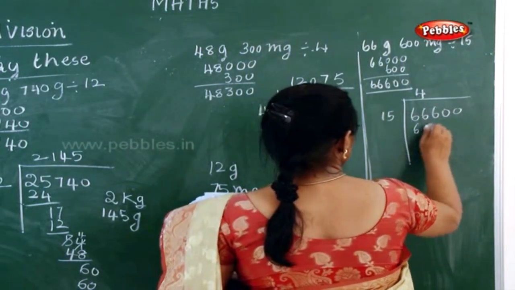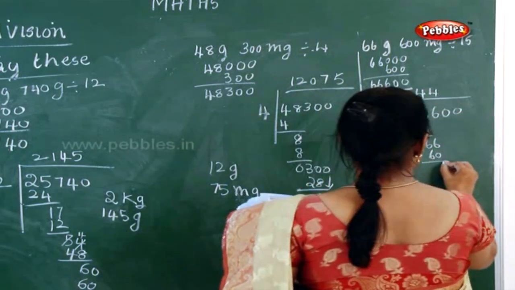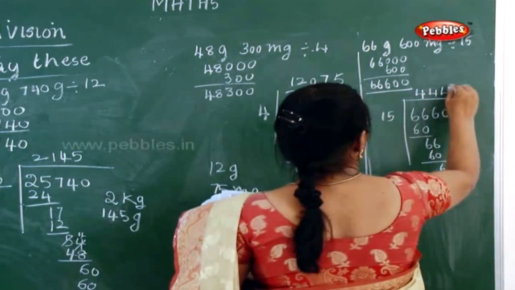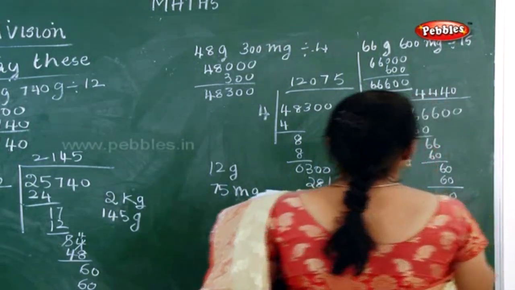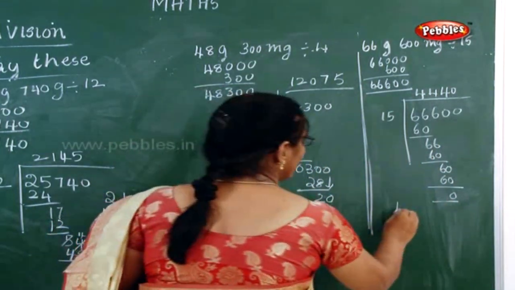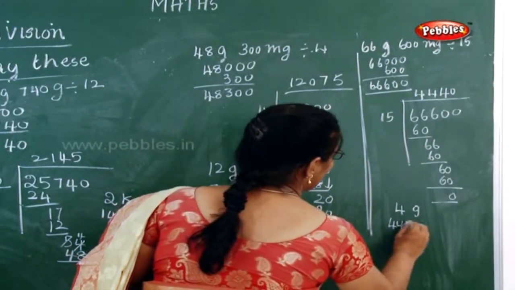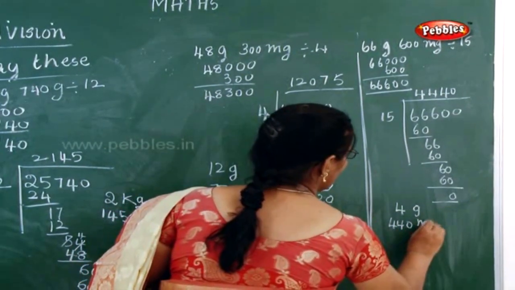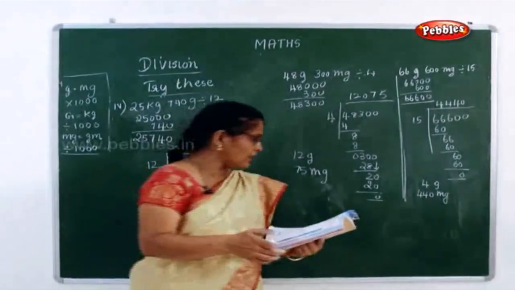Now 4 times. Now again 4 times. So now what is the answer? So you have to write 4 gram and 440 mg. So it is 4 gram and 440 mg.